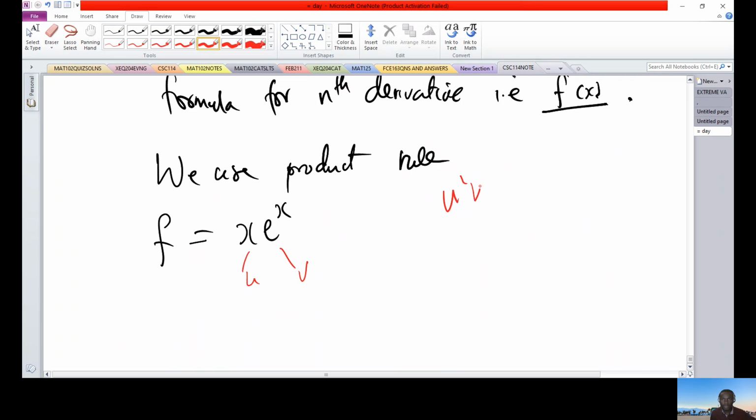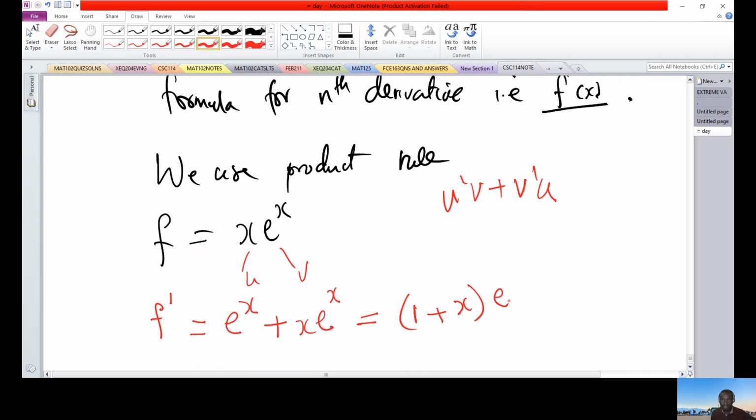Remember, the product rule is u prime v plus v prime u. f prime is given by u prime, which is 1, times e raised to the power x, plus x times e raised to the power x. So this is the same as 1 plus x, e raised to the power x. That is the first derivative.